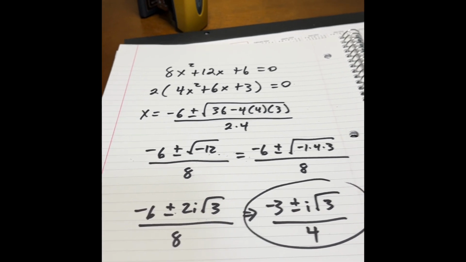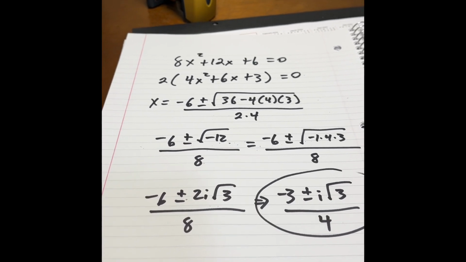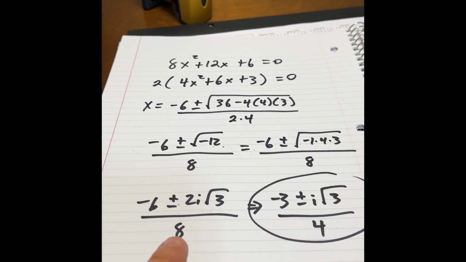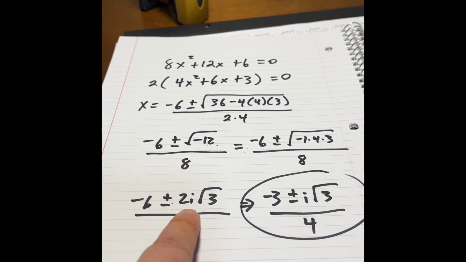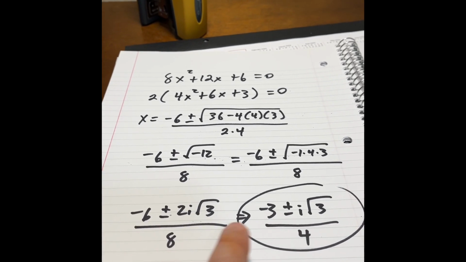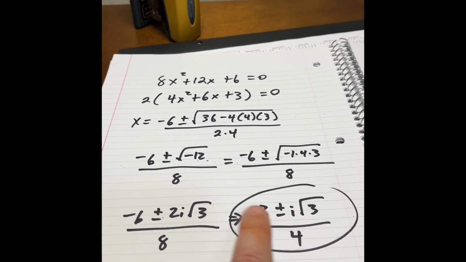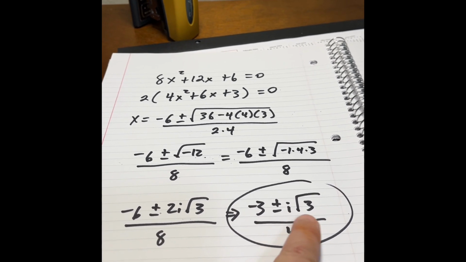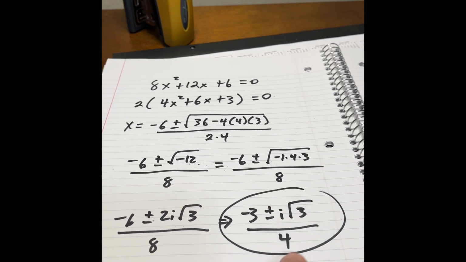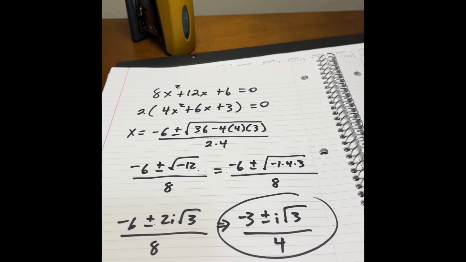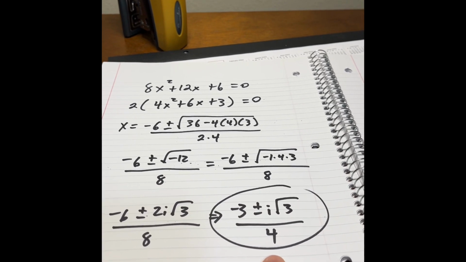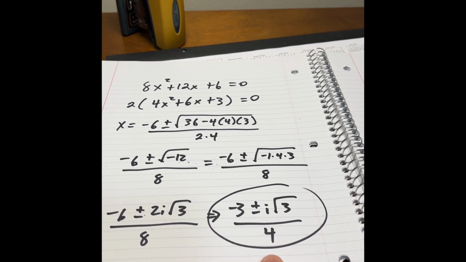If you can take a number out of all 3 places, then you should. So notice I could take a 2 out of all of those. So 2 goes into -6 -3 times, 2 goes into 2 1 time, so that's 1i, square root of 3, and 2 goes into 8 4 times. So this means that I have -3 plus or minus i square root of 3 over 4.